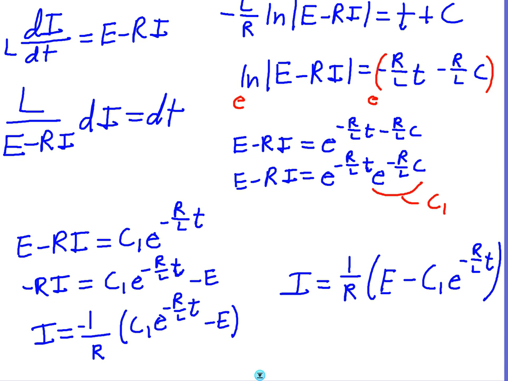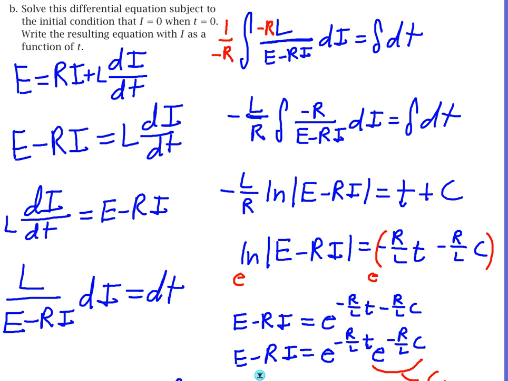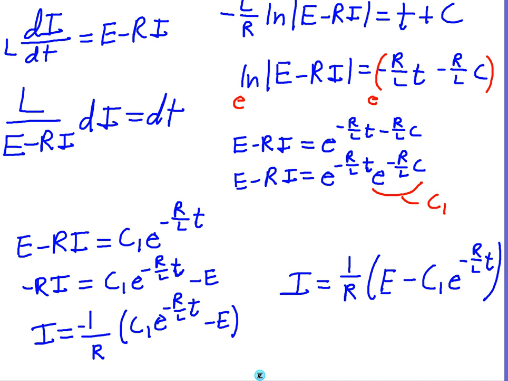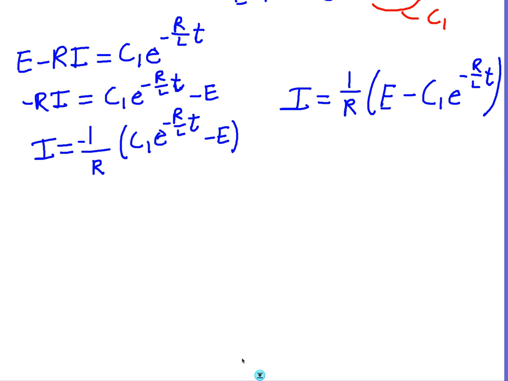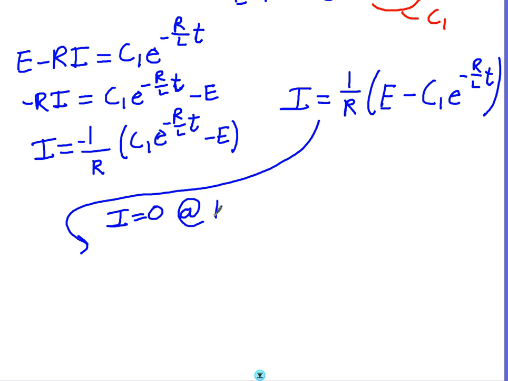If we go back and look at what we need here, we want to use that I equals 0 when t equals 0. So let's do that here at the end. This is our general form here, but we want to get a particular solution. So I equals 0 at t equals 0.